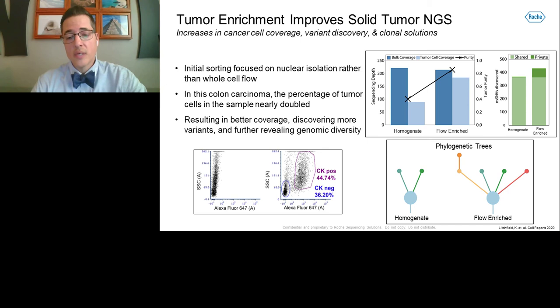Moreover, we see that one of those clones has what we describe as a leaf on it, so an even further subclone from that population on the far left in orange. So not only does enriching for cancer cells generate higher tumor cell coverage, but it also can enable us to better understand the evolutionary trajectory of solid tumors.